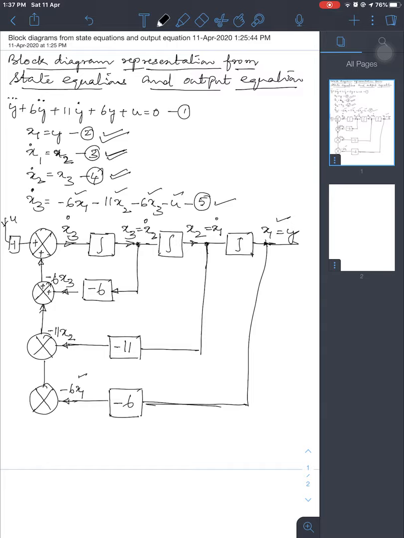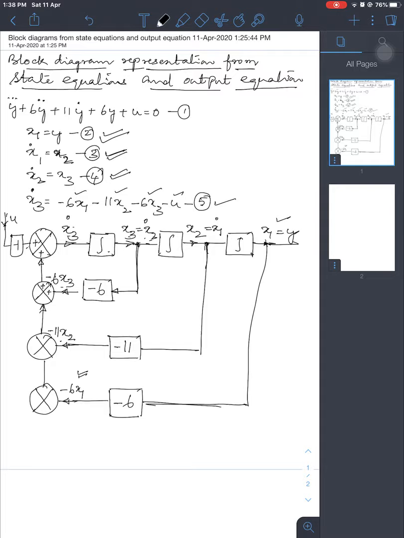So with u, the signal is minus u, and here you are getting minus 6x3, minus 11x2, minus 6x1. They're all getting added up. You are getting x3 dot.